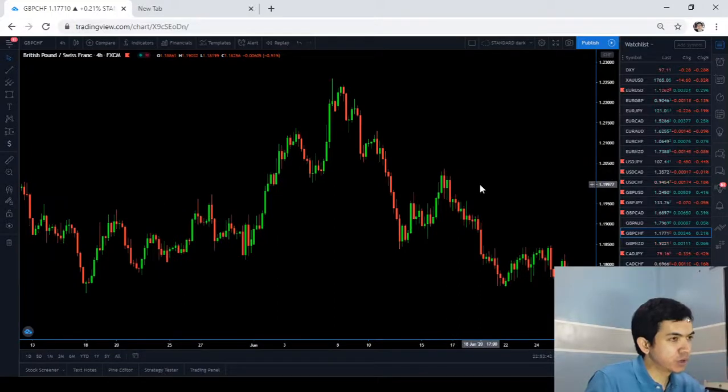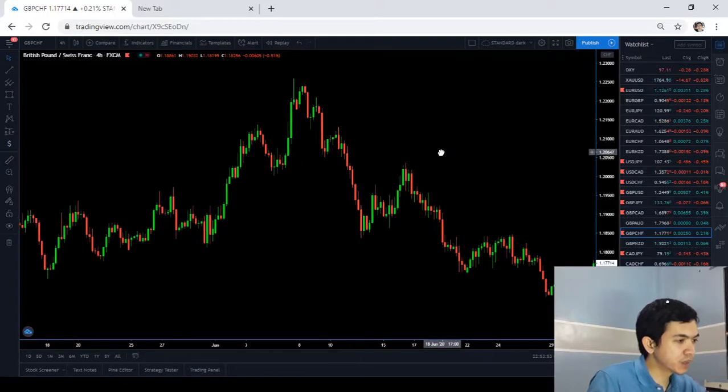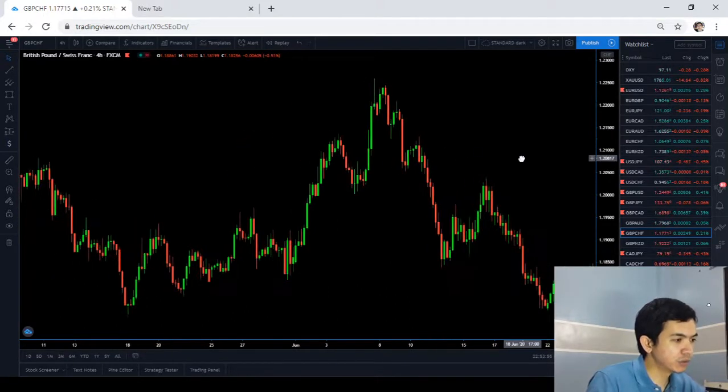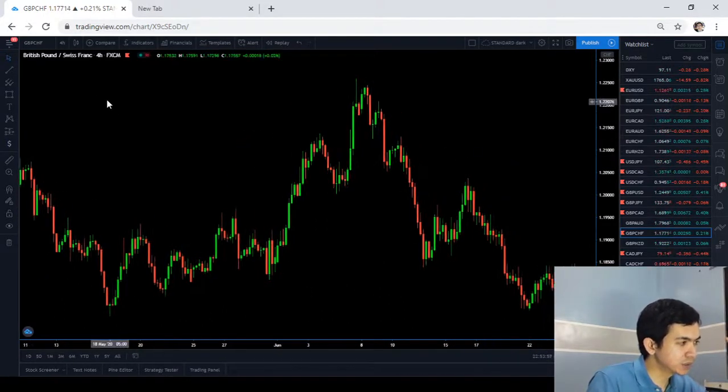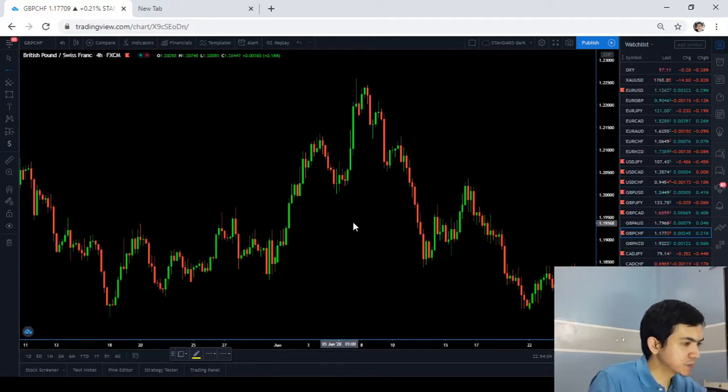Okay. For a short setup, what do I see? Again, I'm on a 4-hour time frame, sorry. So, I want to mark my key significant levels or zones first. First things first, I want to check this structure.